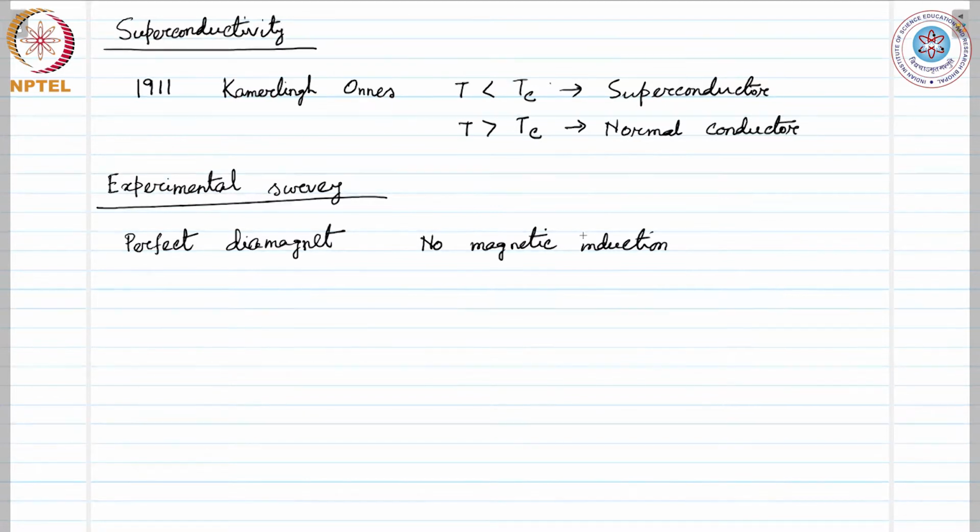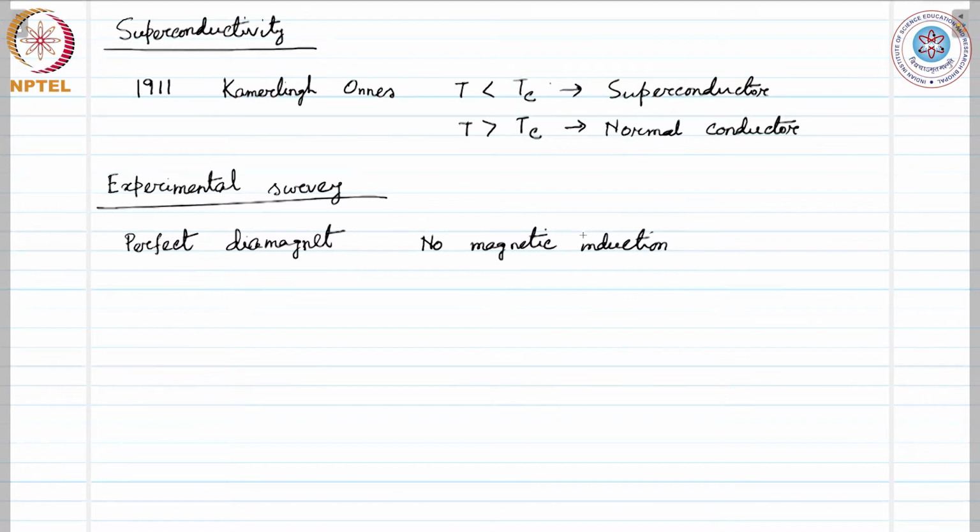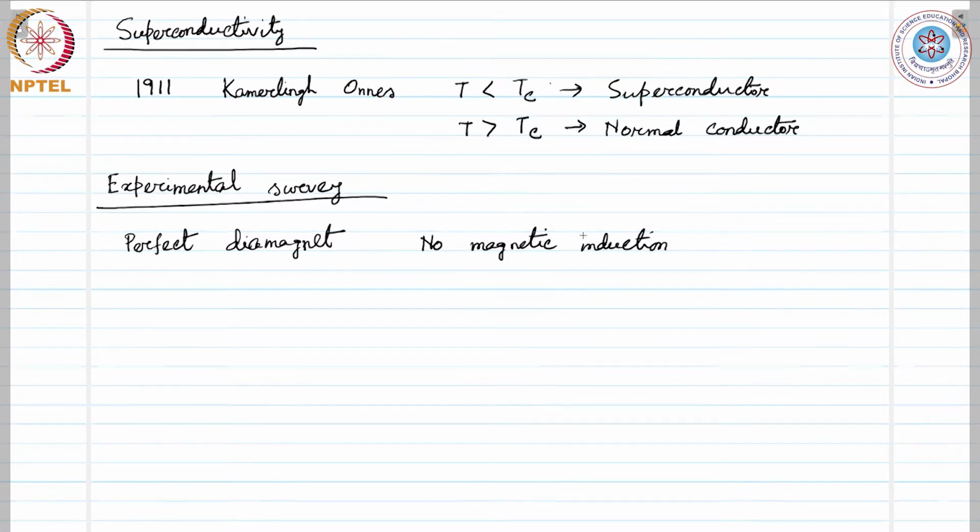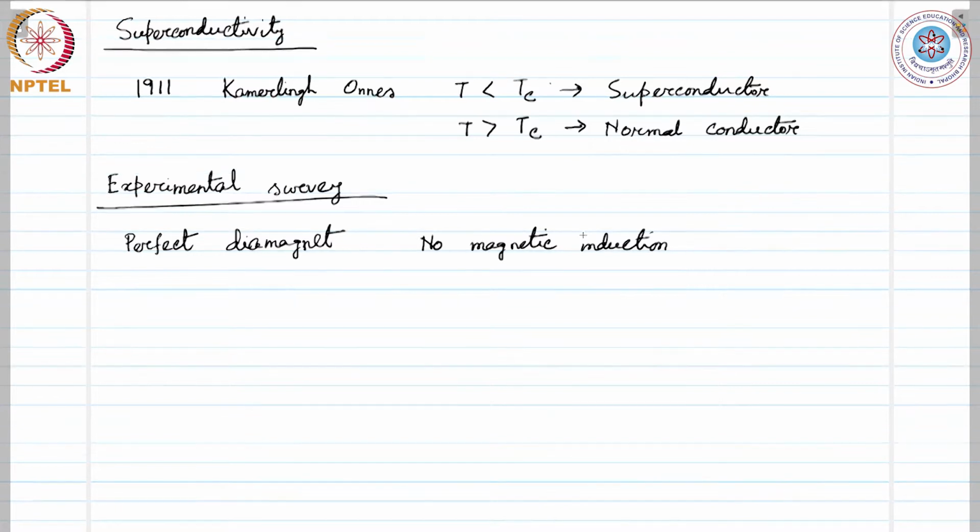Now, when a specimen is placed in a magnetic field and is then cooled through the transition temperature Tc for superconductivity, the magnetic flux originally present is ejected from the specimen. We have a specimen at a temperature T greater than Tc.